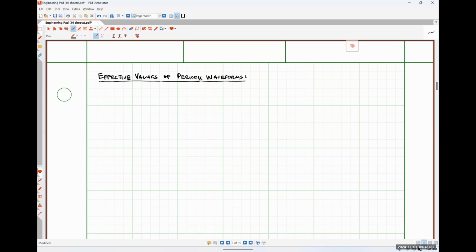Whether we realize it or not, we have probably been using effective values for some signals in our everyday life. To explain what I mean by that very specifically, I want us to consider a receptacle that we see in all our homes. So bear with my inability to draw things.